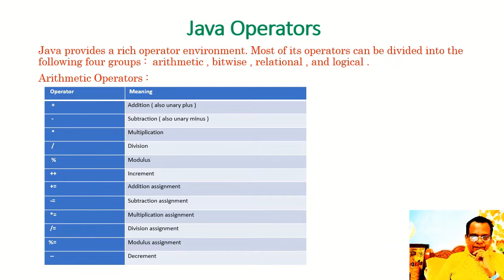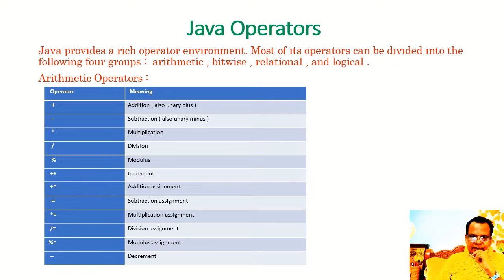Plus is for addition, or also unary plus. Minus is subtraction, also unary minus. Star is for multiplication. Slash is for division. Percent symbol is for modulus. For modulus operation we are using the percent symbol.